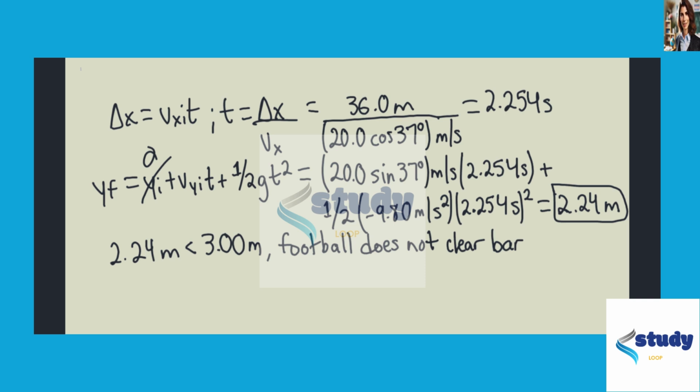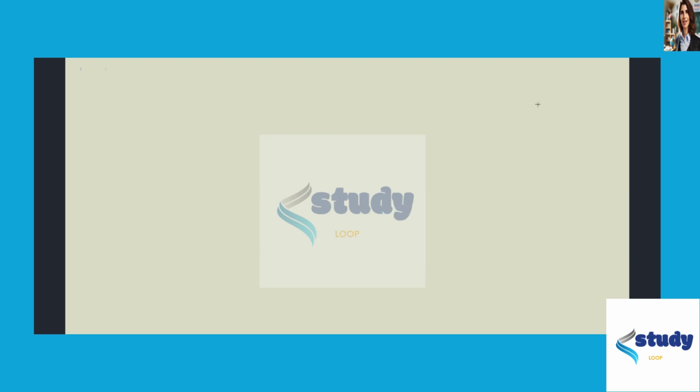So in order to find a sufficient range, we can say that y final equals y initial plus vy initial t plus 1/2 g t squared. Now here we are going to say that he can't kick the ball any harder.